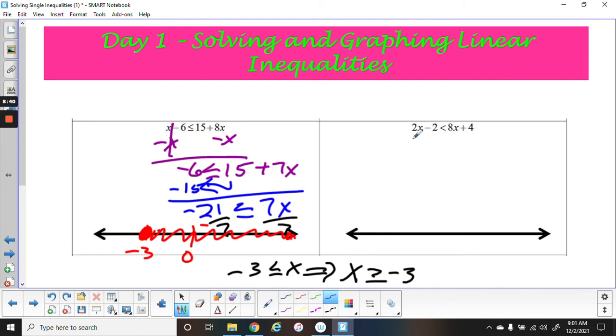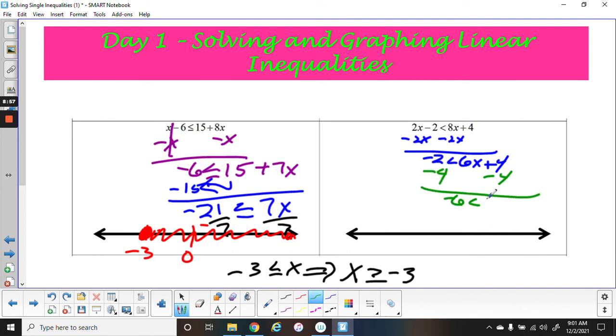All right, here we go. So I would subtract 2x, maybe I'll write littler this time. -2 is less than 6x plus 4. Subtract 4. You got -6 is less than 6x. Now, here's a big question.